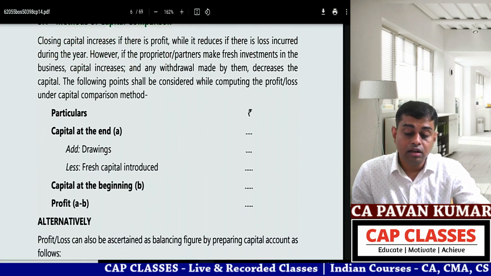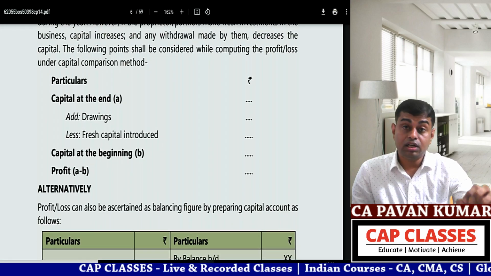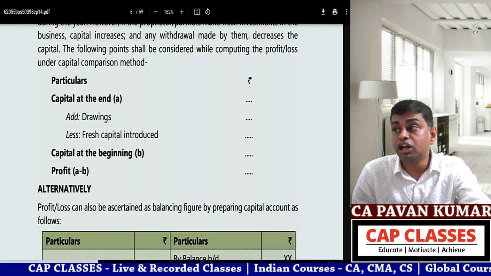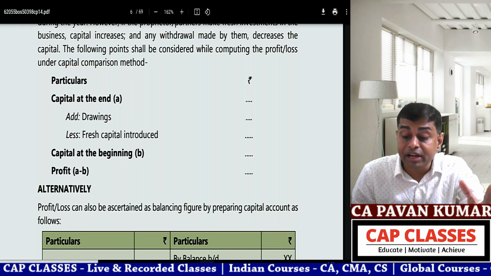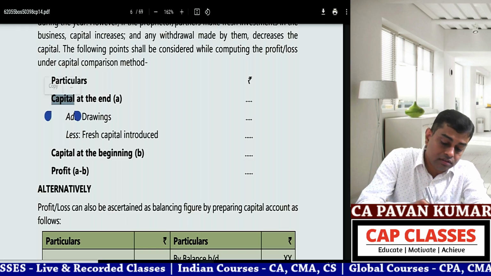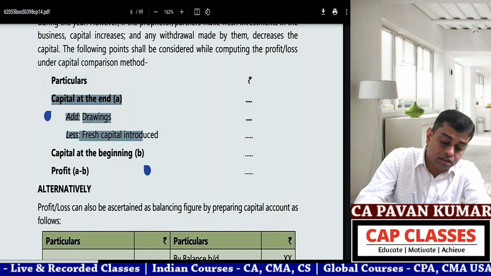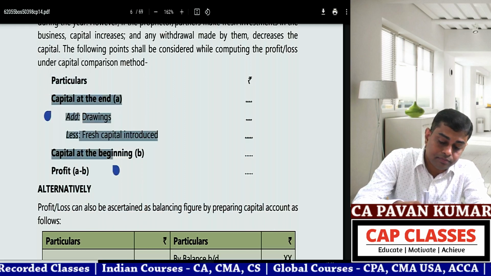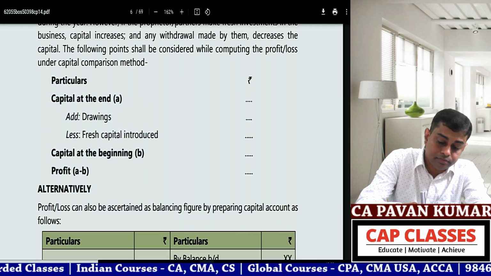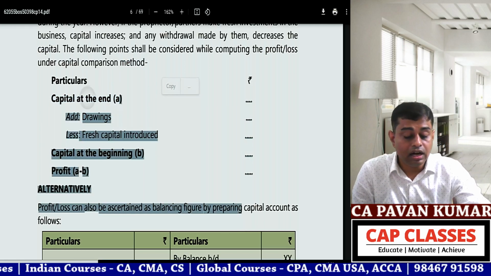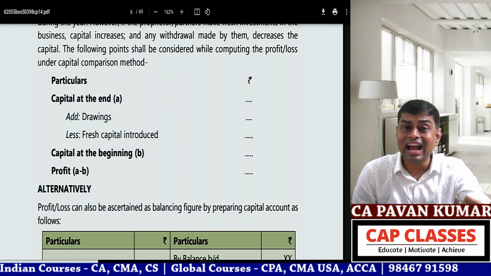Okay. Now put the heading: single entry system, calculation of profit using capital or net worth method, and then copy this from these particulars. Particulars. Capital at the end.